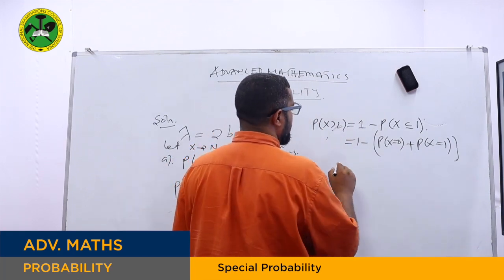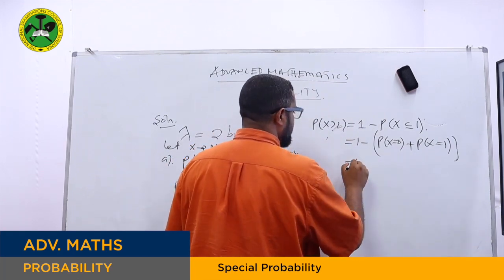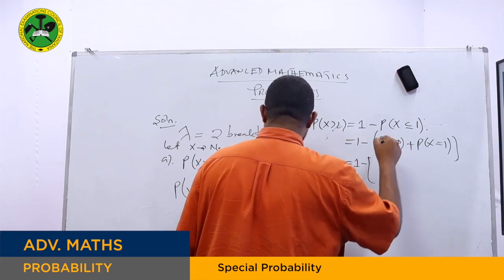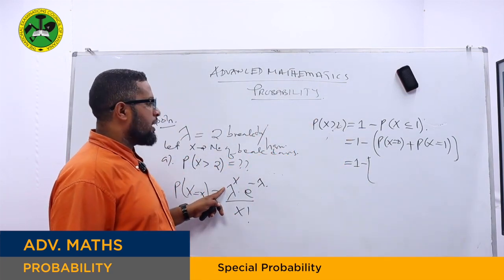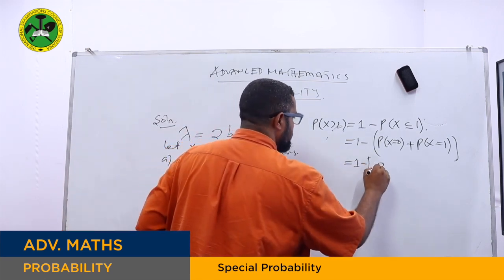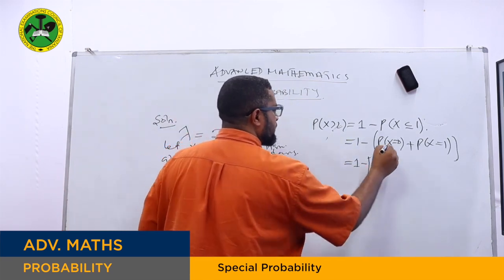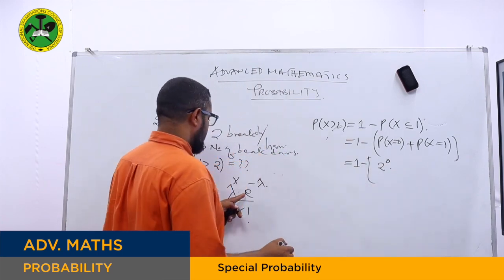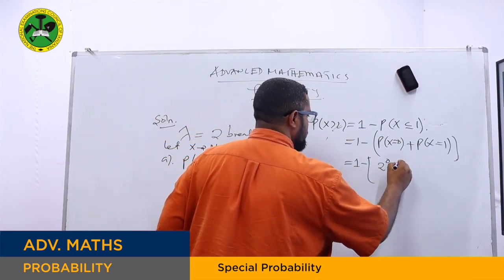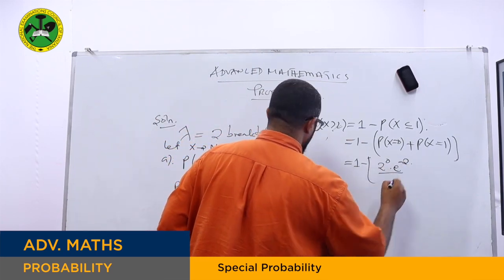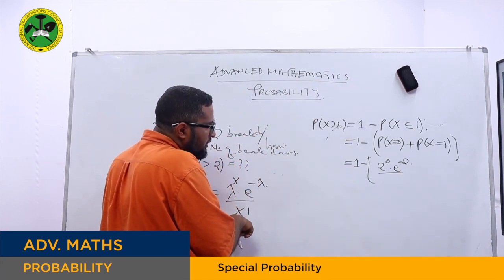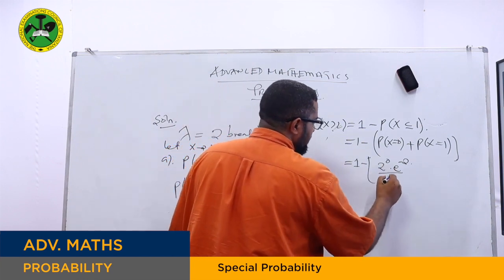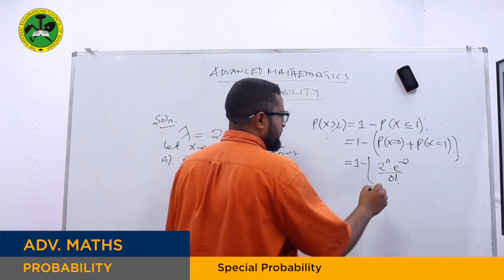Thereafter, let's go back to our formula and substitute. So it is 1 minus, probability of x, remember, we have our lambda. Our lambda is 2. So we have 2 to the power of x. Our x is 0, times e to the power of negative 2, divided by 0 factorial.